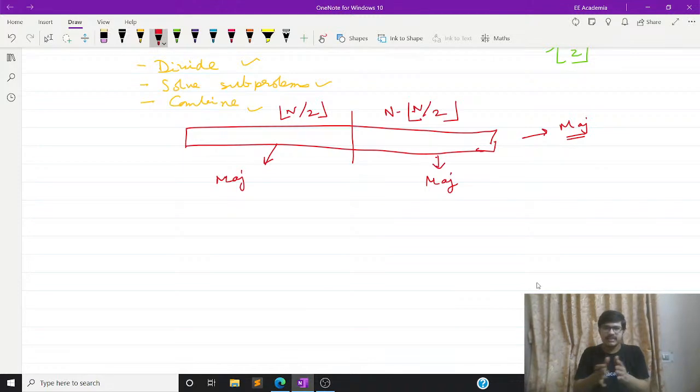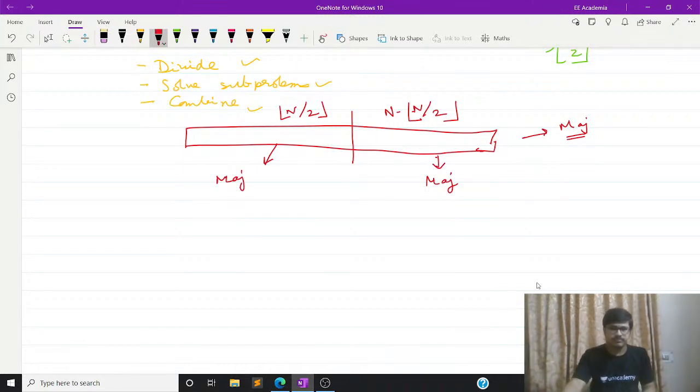So the majority element in the entire array is going to be the majority element either in the left half or the right half. That is a very crucial observation which you should make.